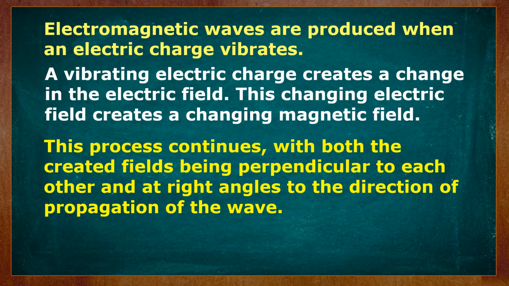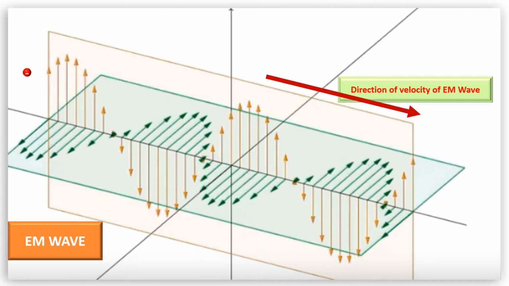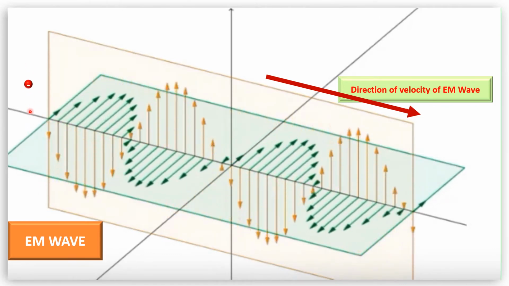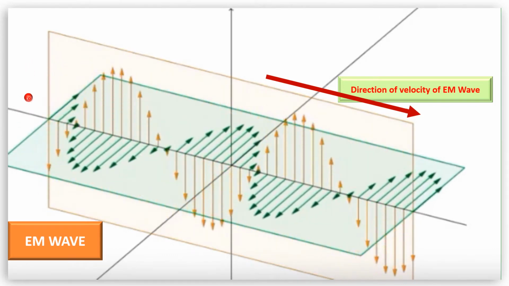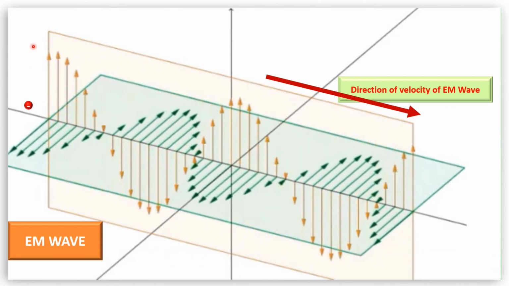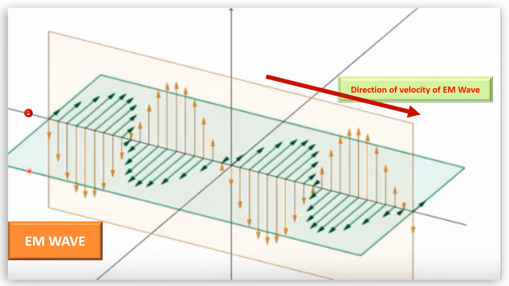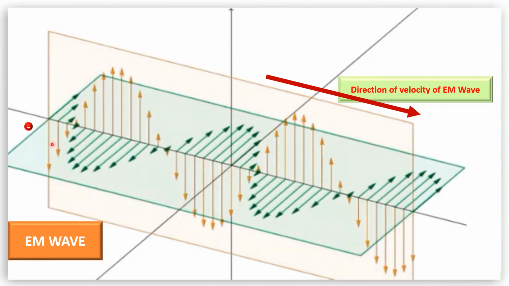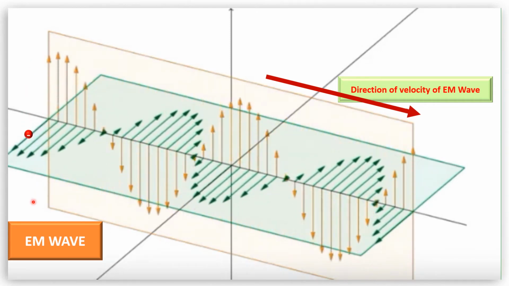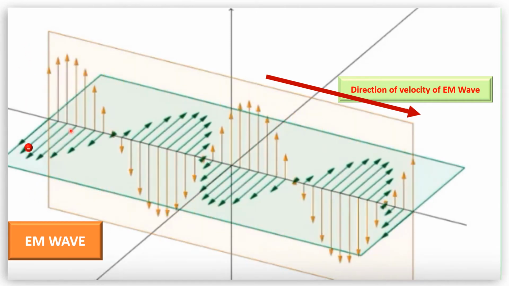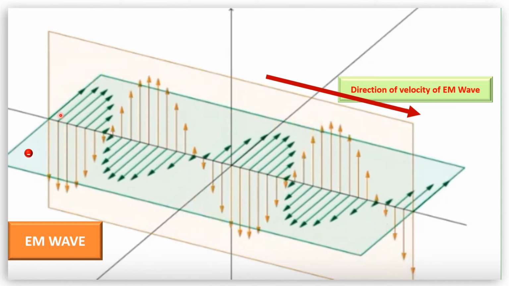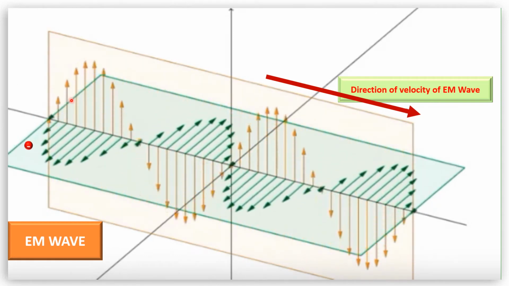Okay, now let us see the electromagnetic wave. Here you can see the electromagnetic waves, and this is an electric charge which is vibrating to and fro like this, and this vibrating electric charge creates changing electric field.